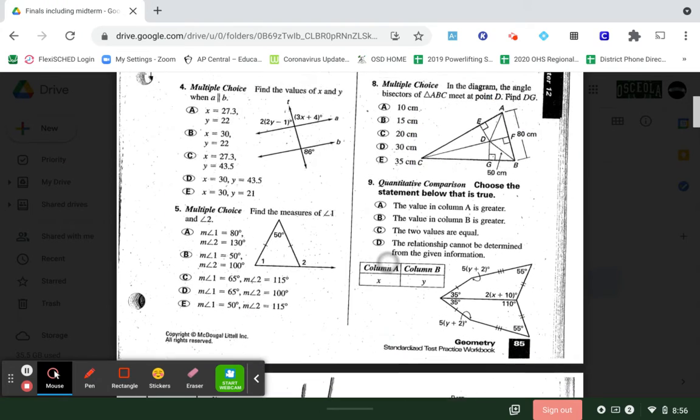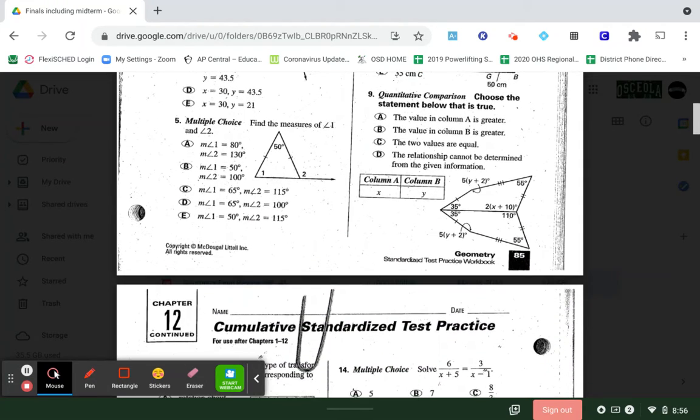All right, now let's look at number 9 and number 5. Okay, number 5, angle measurement. What I notice right here is that we have an isosceles triangle. So the measure of angle 1 and the measure of angle 3 are the same.